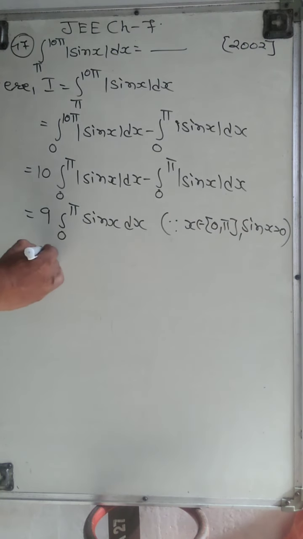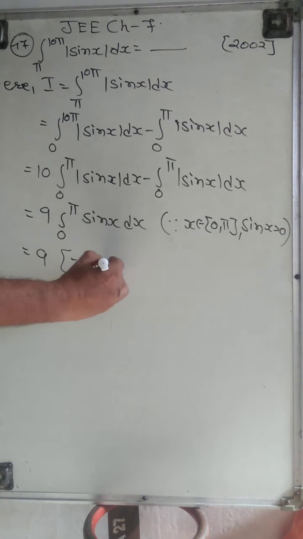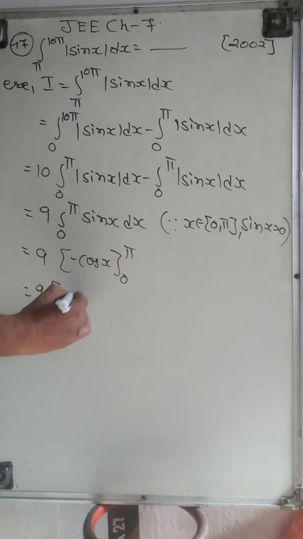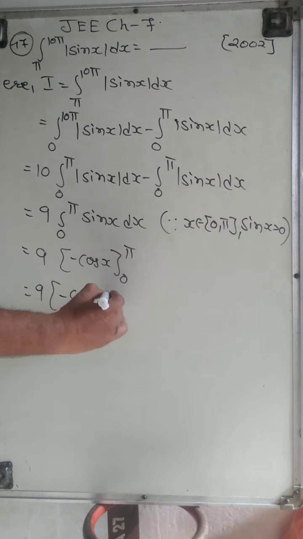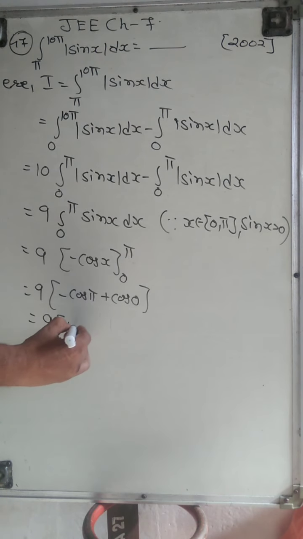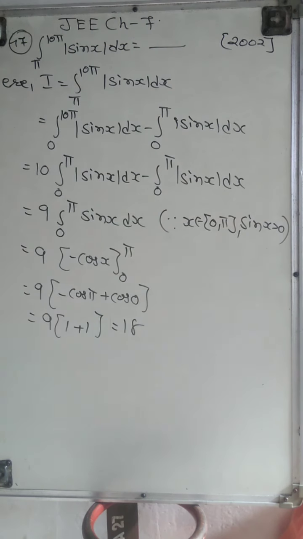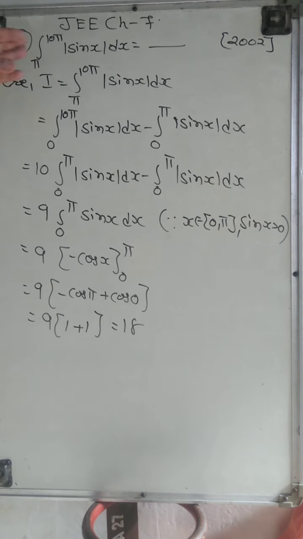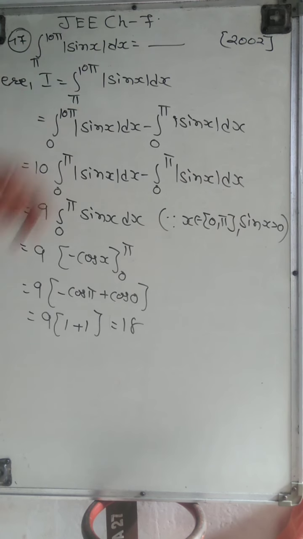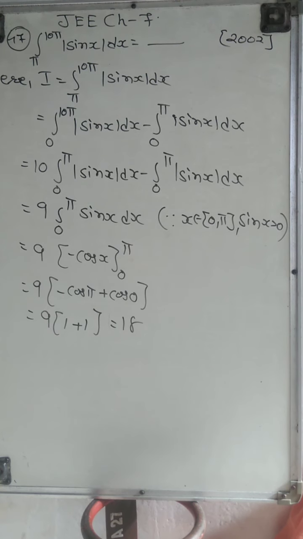So 9, and here we integrate: minus cos x from 0 to π, therefore 9 times (minus cos π plus cos 0), which is 9 times (1 plus 1), which is 18. So this way we can find the answer of this integration, which is 18. Right? Now we go for the next one.